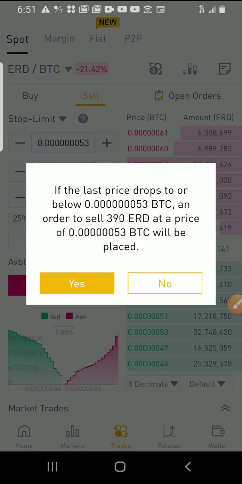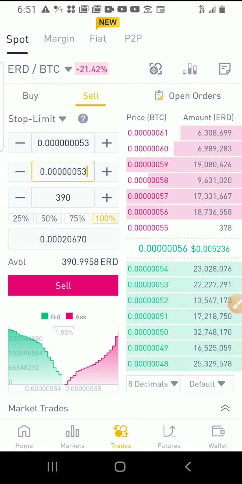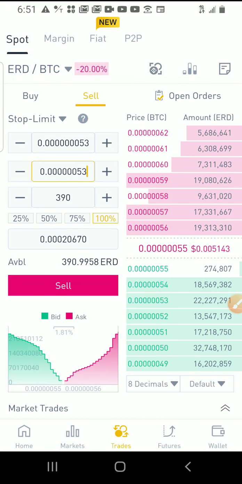It will tell me that if the last price drops to or below 53, an order to sell my 390 ERUD at this price will be placed. Should I continue, yes or no? I will click yes. If I click yes, it will not sell for me automatically because the price is still trading at 55.56.